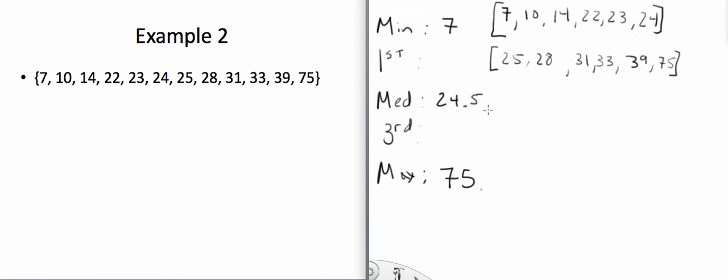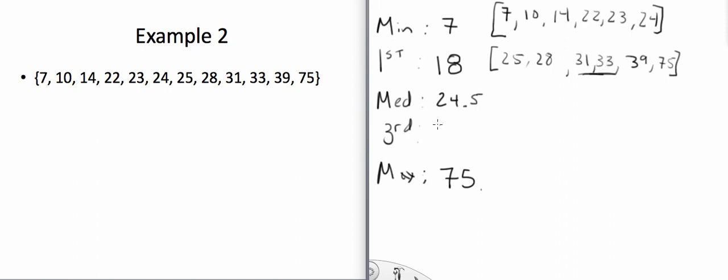Now I'm looking for the first quartile, which would be the median of these 6 numbers here. That would be in between these two numbers. 14 plus 22 gives us an answer of 36. That divided by 2 gives us 18. And then we're looking at the median between these two numbers here. 31 plus 33, that's 64.